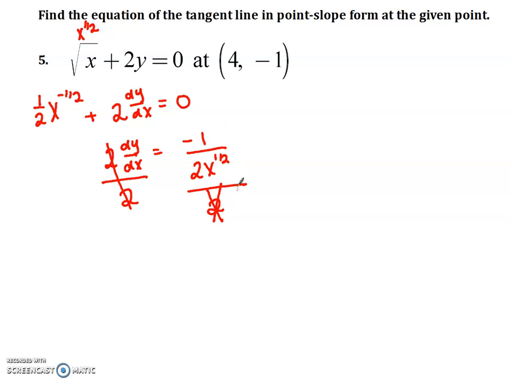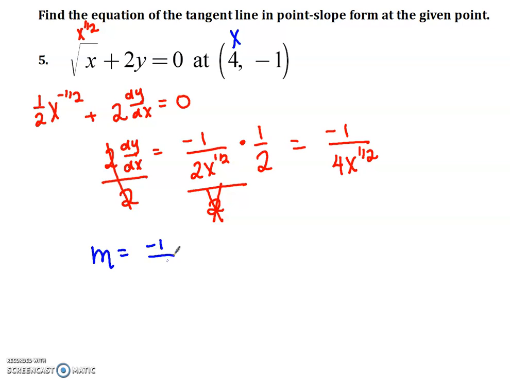So I'm going to leave this the same, change this division to multiplication, multiply by the reciprocal of 2, which is 1/2. And so that'll give me -1 over 4 x to the 1/2. Now to get my slope, I'm going to plug in 4 for x. There's no y left in here, so I don't have to worry about plugging this one into the slope.